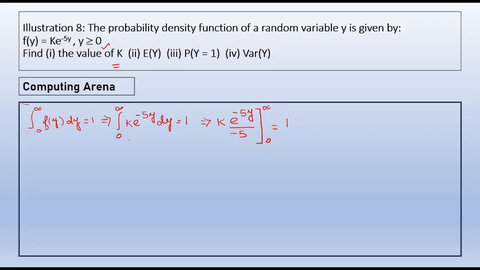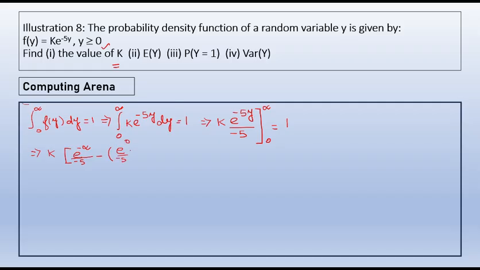Here k and minus 5 are constants, but we need the value of k, so we keep it like this and put in the limits. So e to the power minus 5 into y, there we put infinity: e to the power minus infinity by minus 5, then minus of minus e to the power 0 by minus 5.